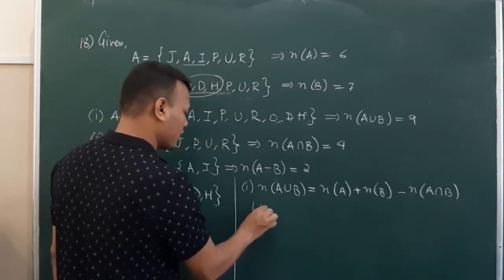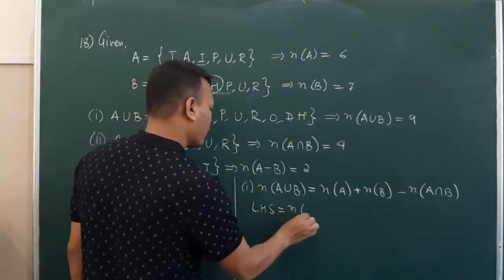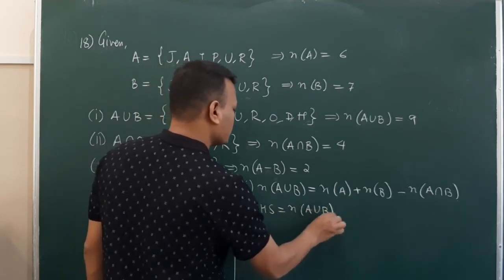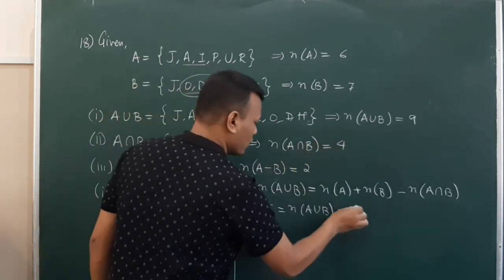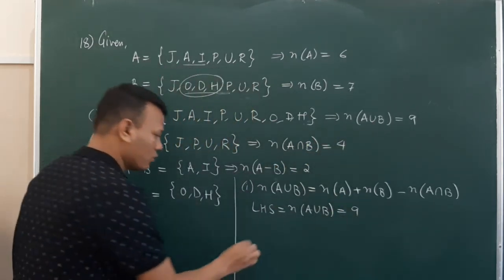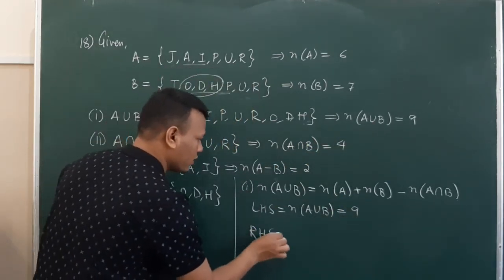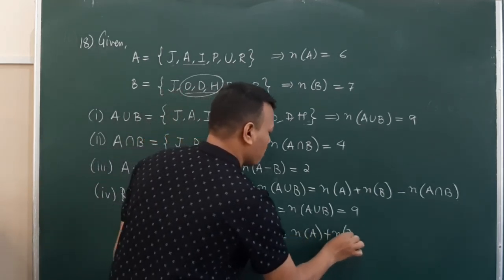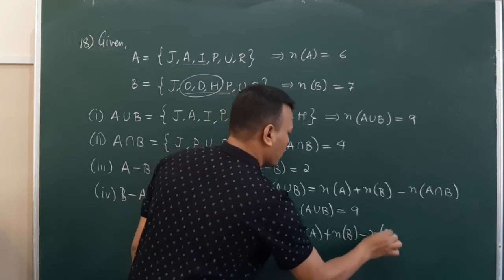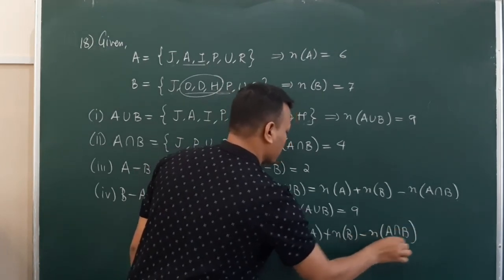Okay, so left hand side contains N of A union B, and how much is this? So this is equal to 9, isn't it? So right hand side has N of A plus N of B minus N of A intersection B. Now let us put the values.